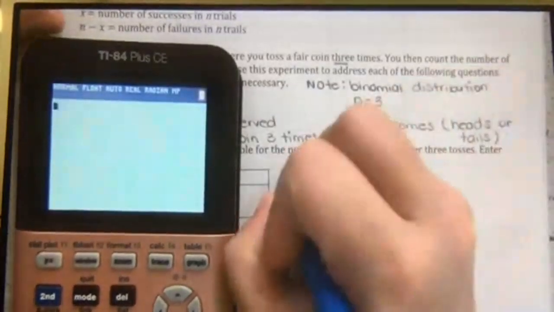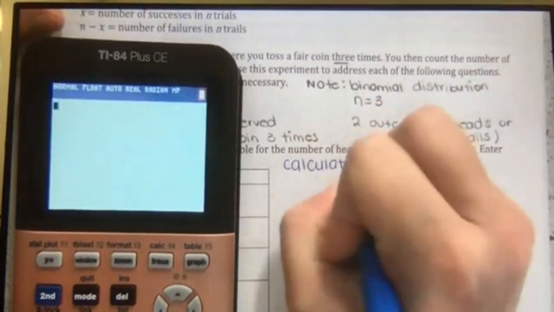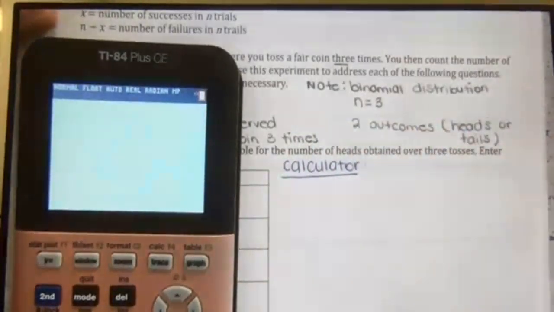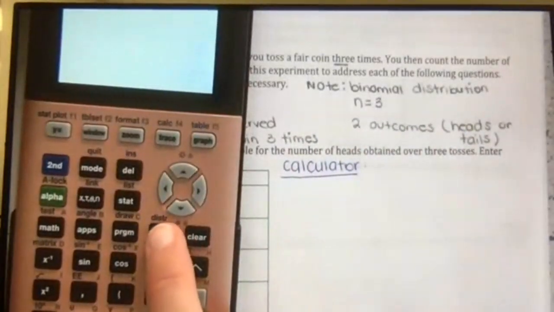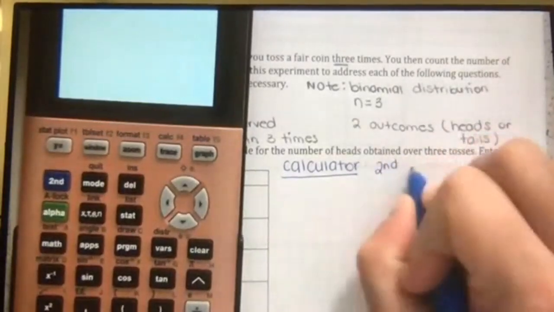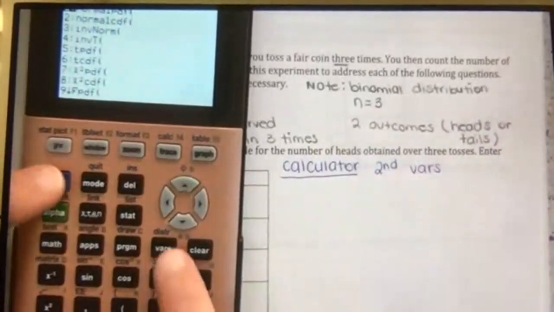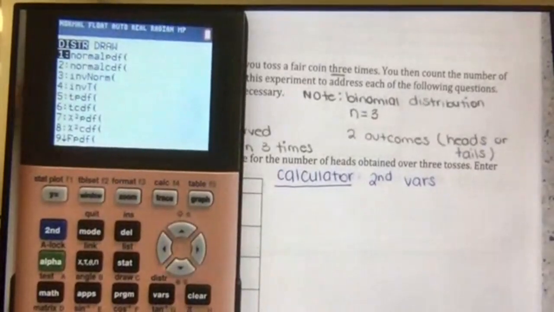All right, so notice I want a distribution. Above the vars button it says distribution. So I'm going to hit my second button and then the vars button. That will give me my distributions.